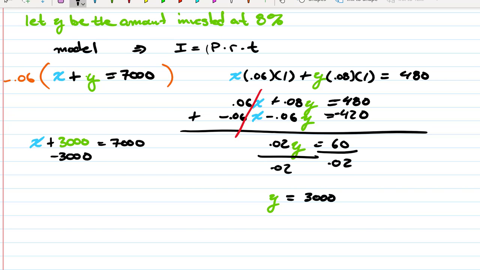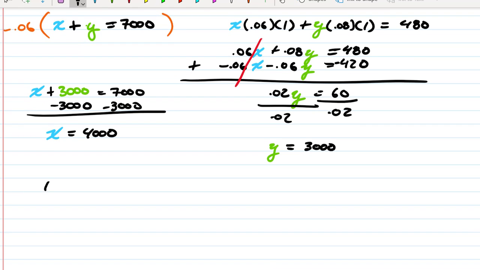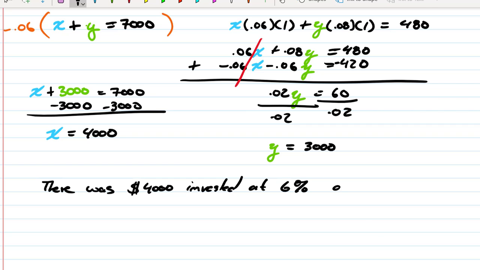So I minus 3,000, and I'm left with x equals 4,000. So there was $4,000 invested at 6% and $3,000 invested at 8%.